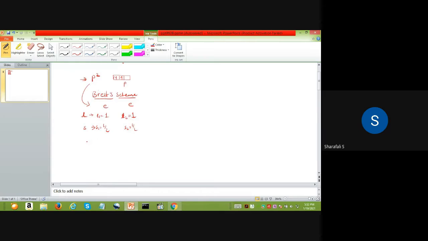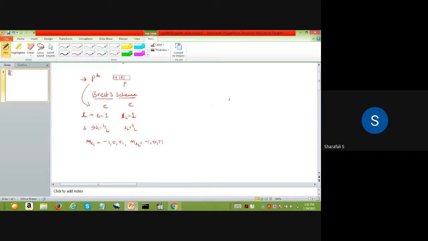ML1 will range from minus L to plus L, so minus 1, 0, plus 1. And ML2 will also be minus 1, 0, plus 1. Now in the Breit scheme, we have to make a matrix or a set to find the corresponding L values.